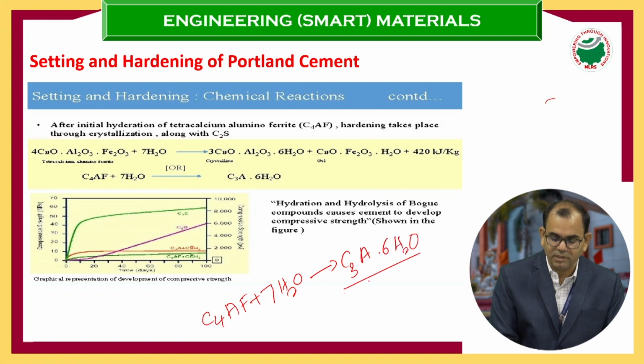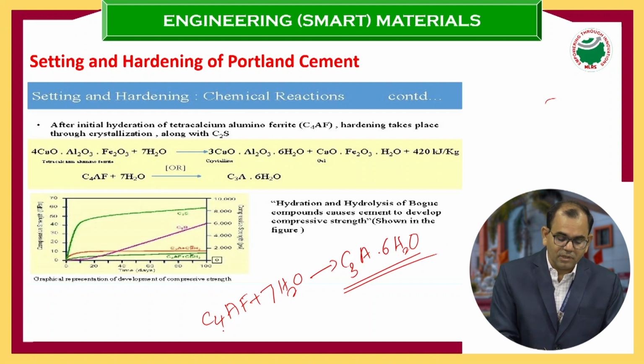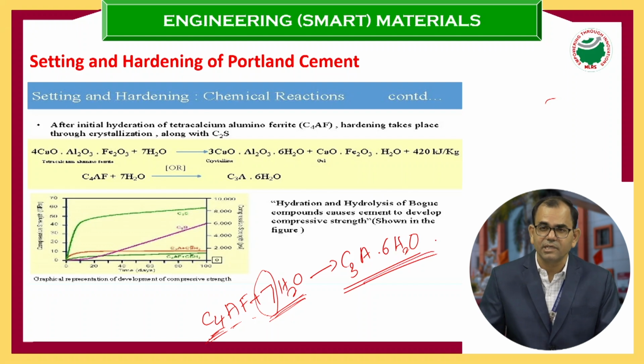Same product, setting product, hardening product, crystalline material. The only thing is that tetracalcium oxide with alumina and ferrite, and here instead of 6 molecules of water we have taken 7 molecules of water, and the product is the same in both cases, in the earlier reaction and here.